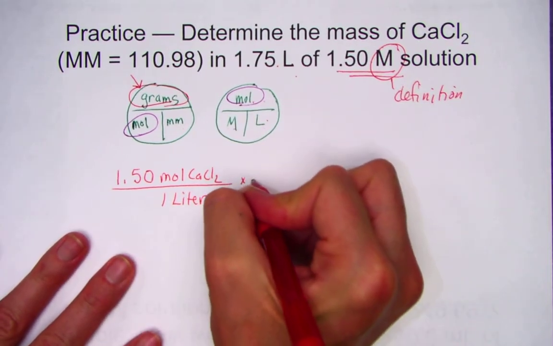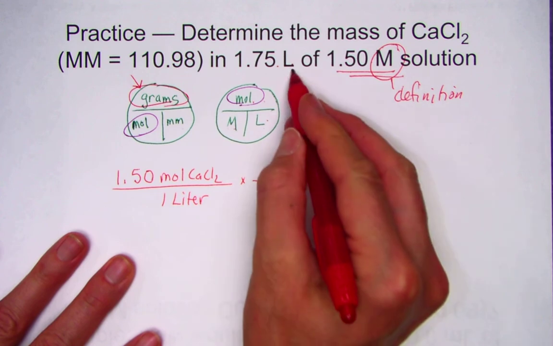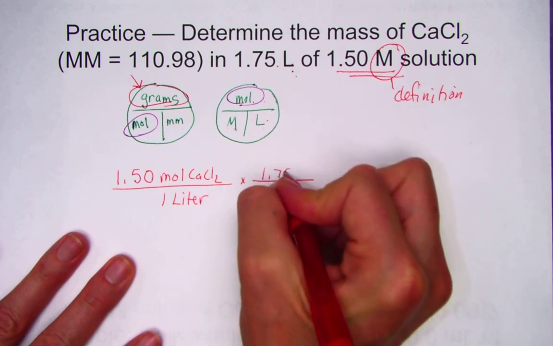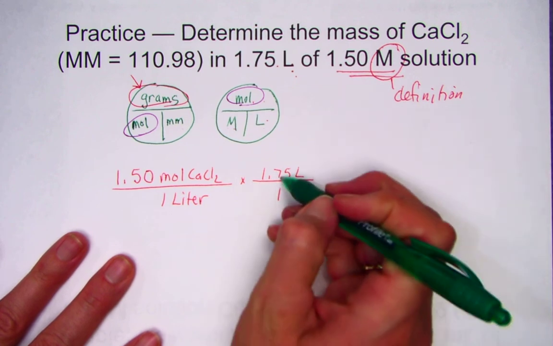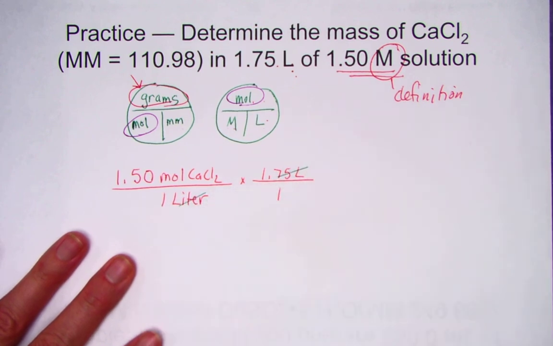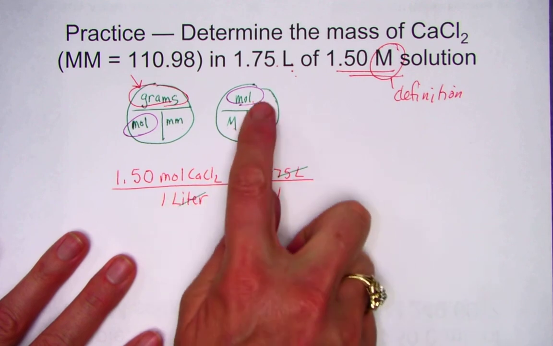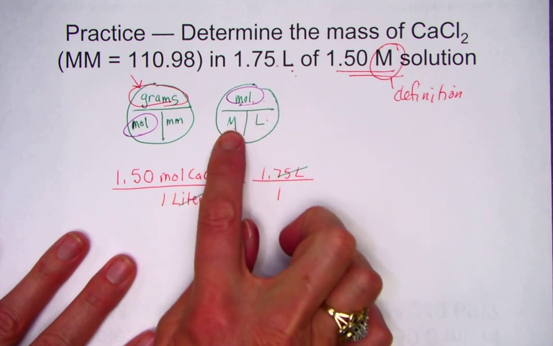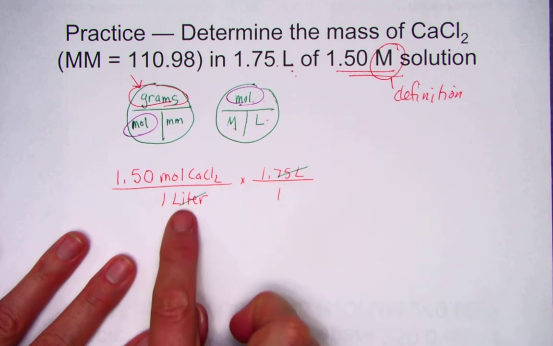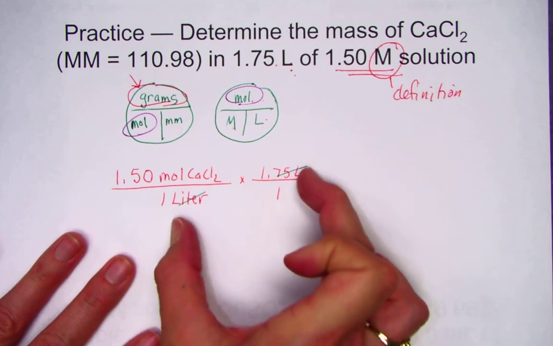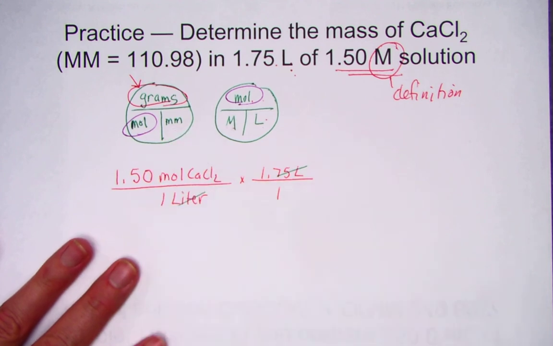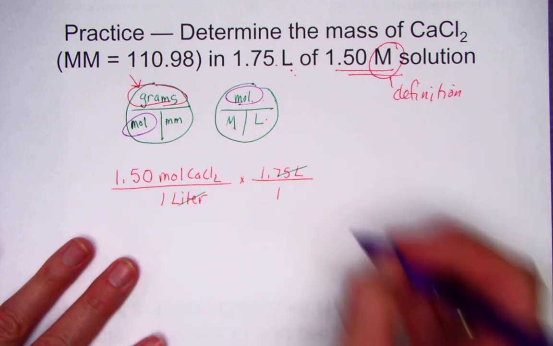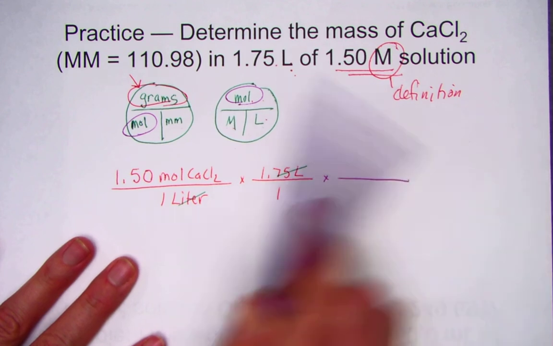Then I can see if I cross multiply by the volume, 1.75 liters, just set over a 1. Notice what's happening? The liters have canceled and I'm at the mole. That mole was found by taking molarity times liters. Molarity times liters cancels the liter unit. That mole can now be found using the molar mass. And they've done that for us.